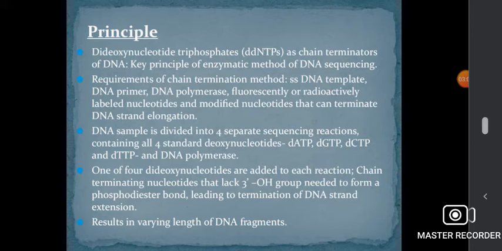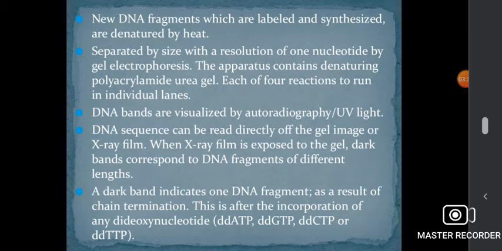One of the four dideoxynucleotides is added to each reaction. The chain terminating nucleotides lack the 3'-OH group needed to form a phosphodiester bond, leading to the termination of DNA strand extension and resulting in DNA fragments of varying lengths.